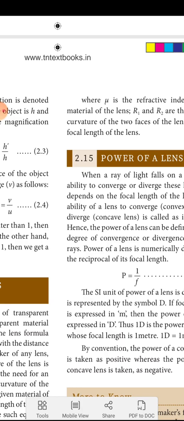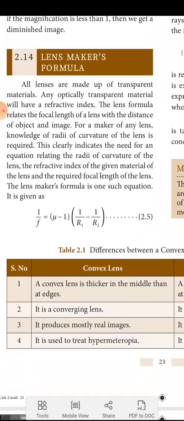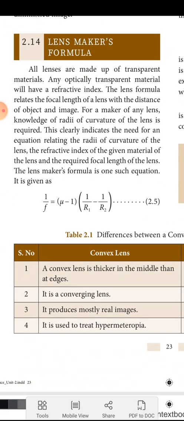Then we will see the lens maker's formula. Already when we were studying spherical lenses, I said the lens is taken from the joining of two spherical mirrors, and 2f is equal to the center of curvature of the lens, isn't it? The center of curvature is equal to the radius of the sphere from which the lens has been cut. The lens is an optically transparent medium, and all optically transparent media have a refractive index.